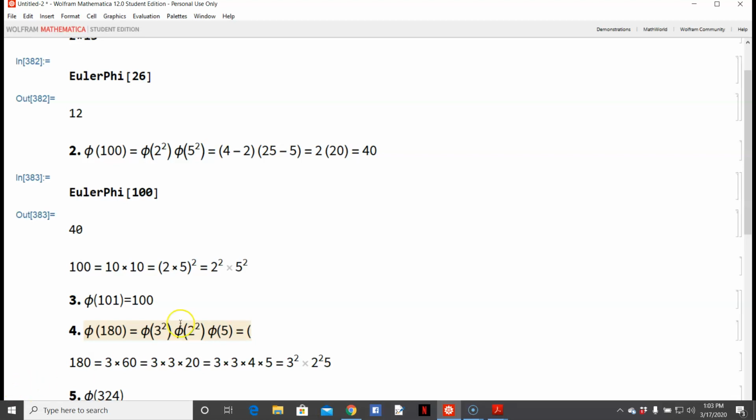All right, and again, each one of those I can work out. So the Euler phi of 3 squared is 3 squared minus 3, so this is going to be 9 minus 3, which is 6. Then the Euler phi of 2 squared, which is 4 minus 2. And then the Euler phi of 5, which is 1 less than 5.